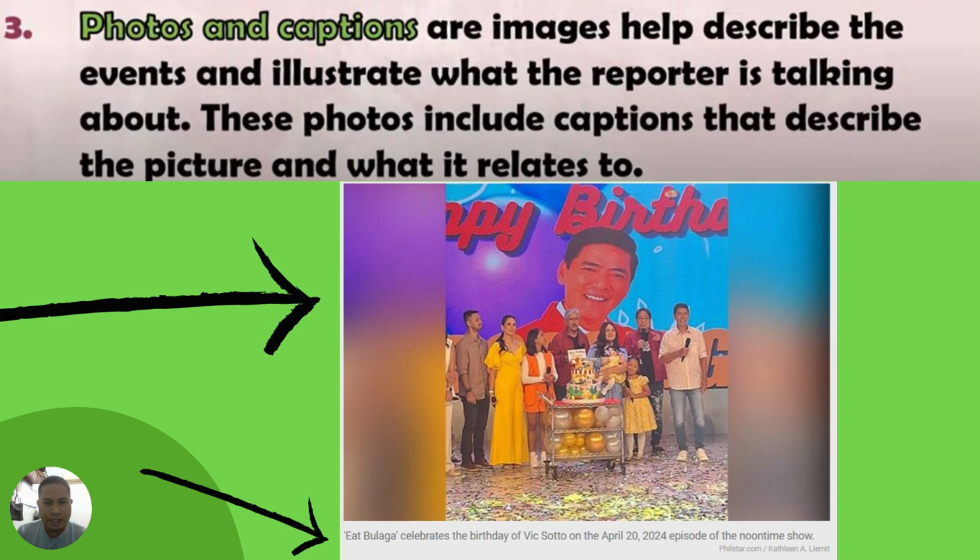As you can see there, the picture of Vic Soto together with his family. And below the picture, you can see the caption, what the reporter is talking about for us to understand fully the news. It says there, Itbulaga celebrates the birthday of Vic Soto on April 20, 2024, episode of the Noontime Show.